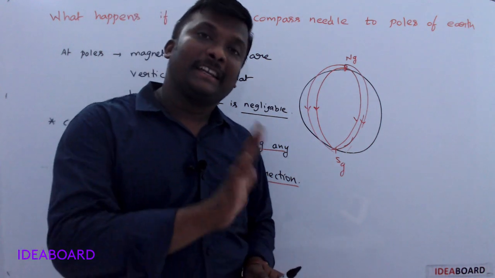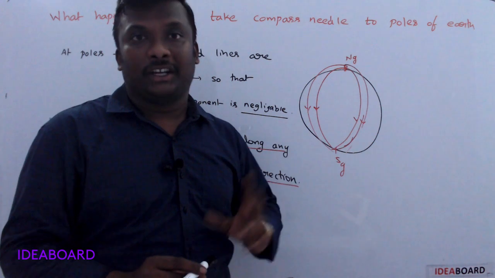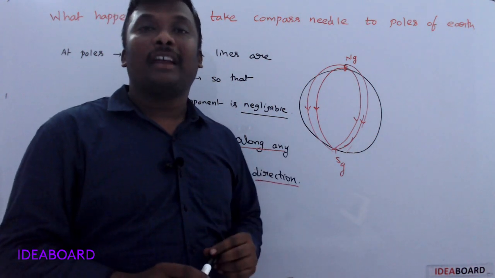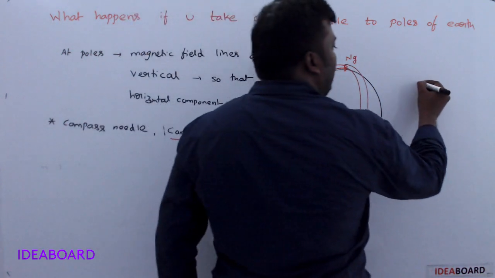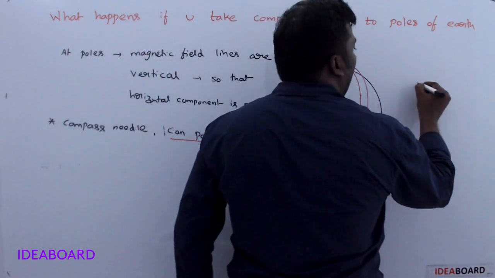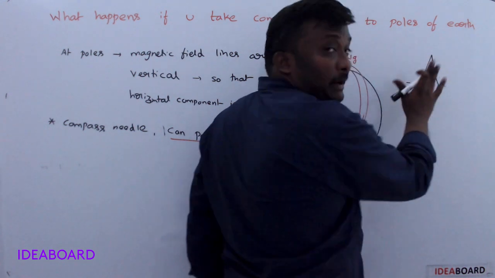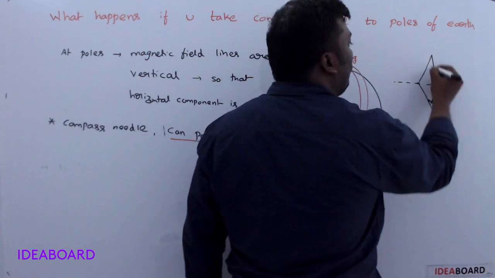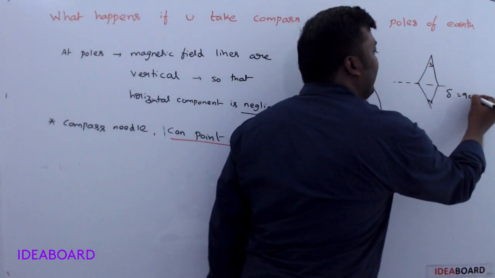If suppose you take the dip circle at that place, dip circle always shows the direction. At poles the delta value is 90° we said. So at poles the dip circle shows like this. Okay, because it is in the vertical plane. In the vertical plane it will show at this angle. So here delta value is 90°.